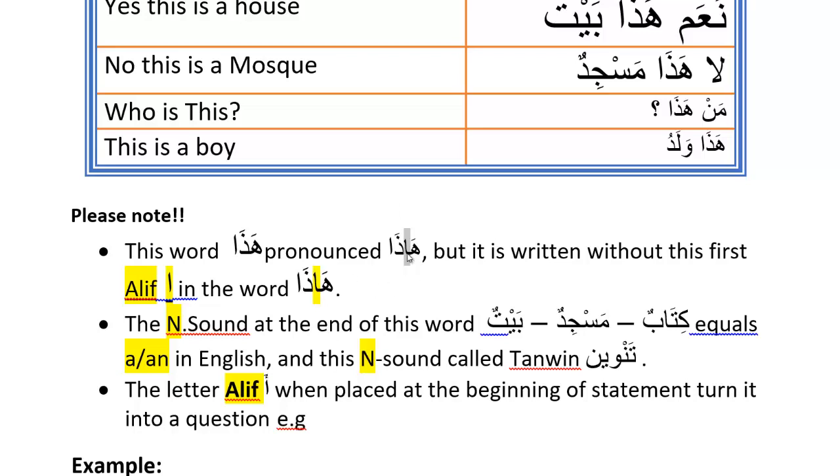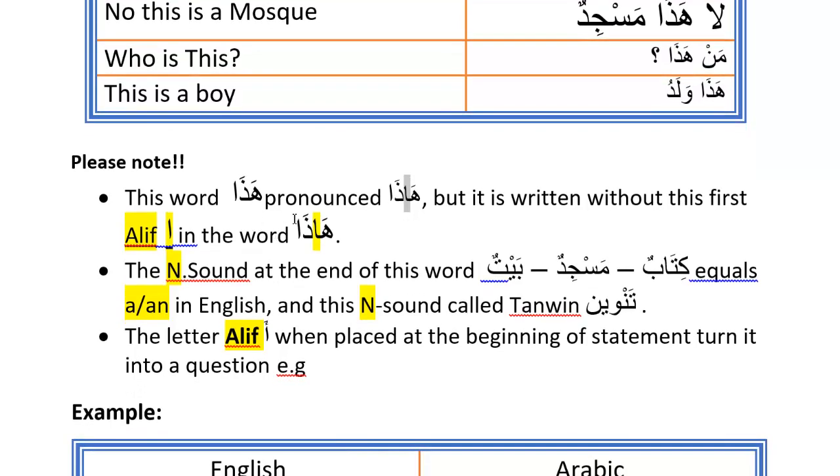The first alif is written, but when you pronounce it, it's pronounced exactly like this. هذا. You pronounce it like this, but it's written without alif. As you see here, you remove this alif.